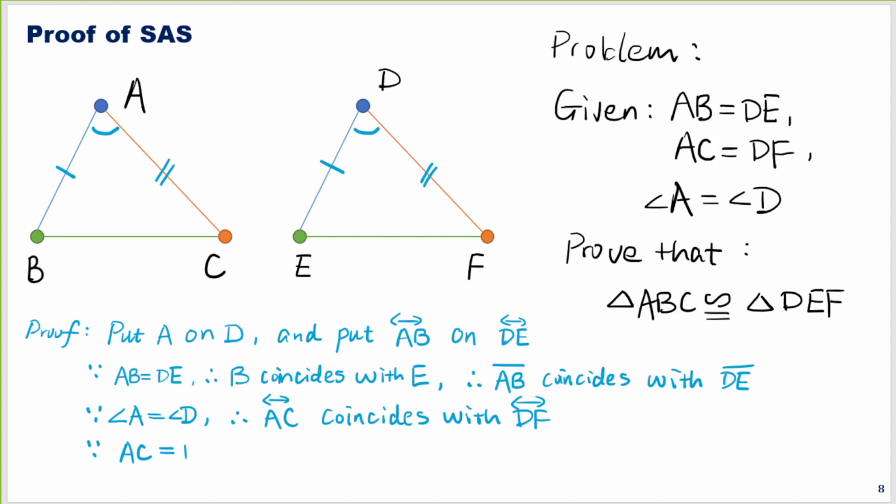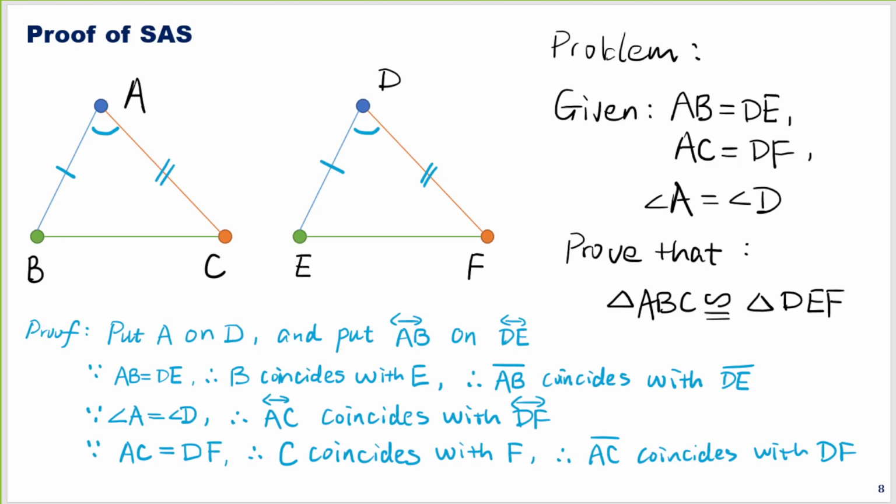And because segment AC equals DF, this is also known to us, we know point C must coincide with point F, right? Therefore, we know the segment AC coincides with DF, right?